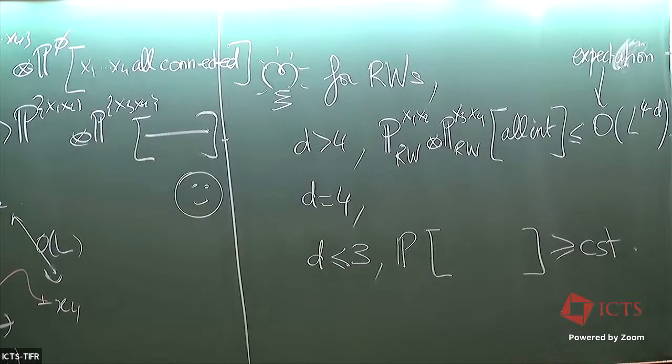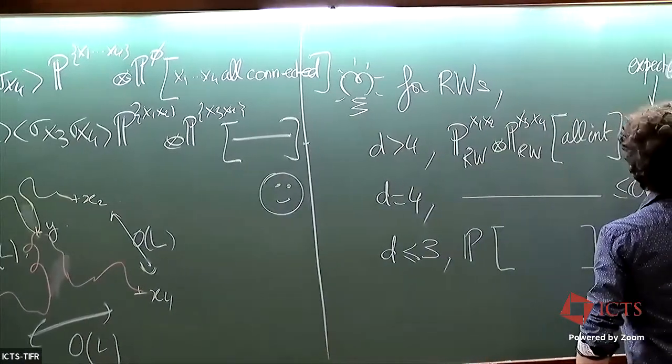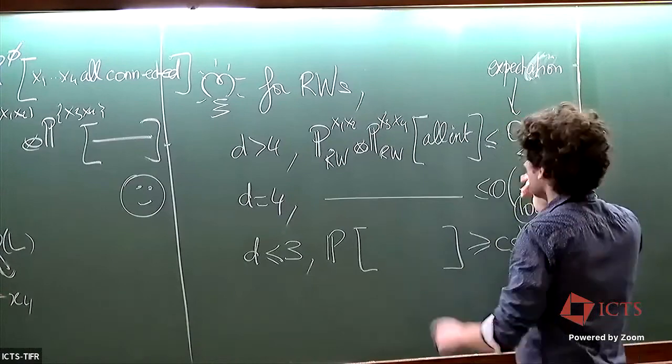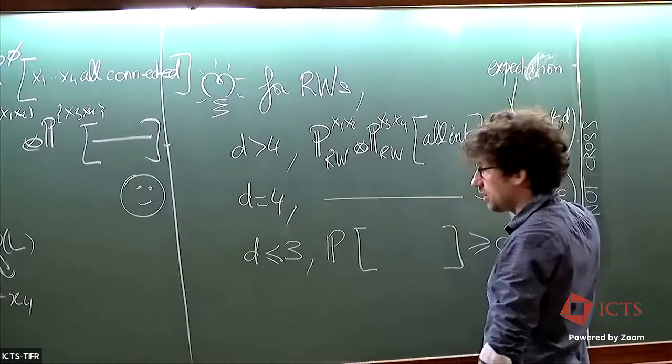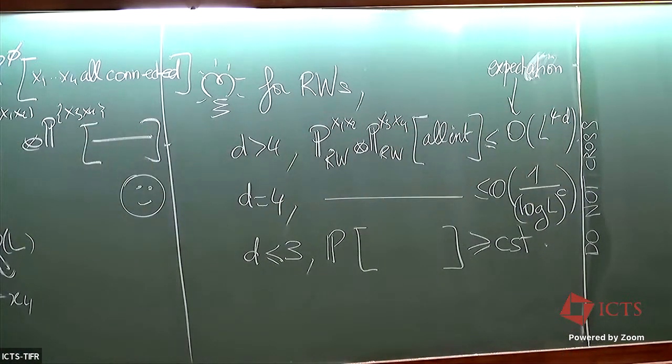In this case, the probability is in fact 1 over log, but the expectation is order 1. And this is going to be exactly reminiscent of the difficulties we are going to be facing.